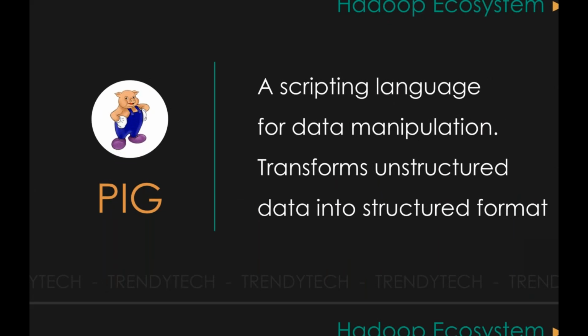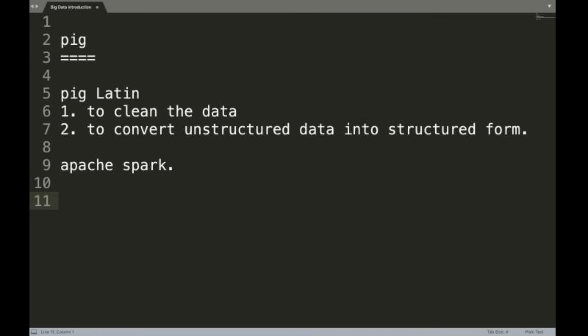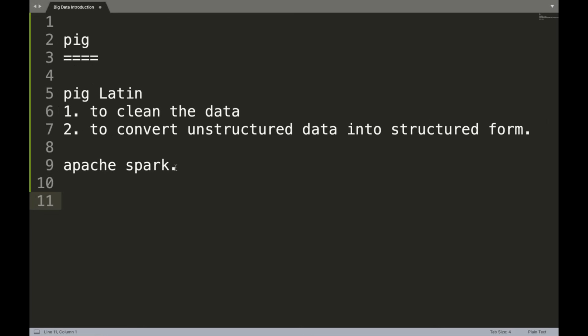Now, if I ask you what is Spark, you might frame a definition saying Spark is a replacement of Pig. But this will be a wrong definition because Spark is not just these two things. Spark can do hundreds of other things also. So you cannot yet form a definition of Spark. But I can definitely say whatever we were doing using Pig, Spark can easily do that.